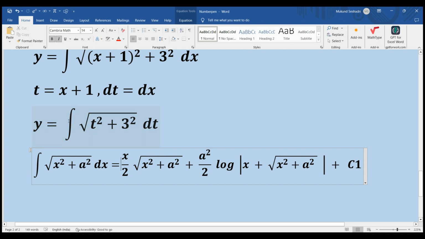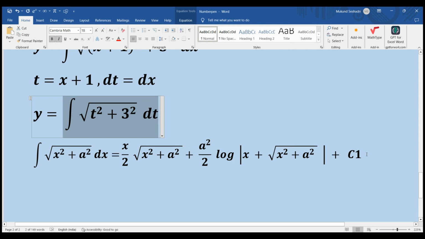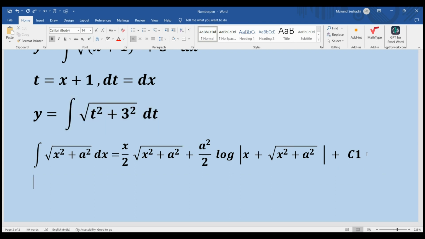And if you want to solve it by the method of substitution and then integral by parts, I request you to take a look at my video for integral of square root of x square plus a square times dx. I'll also be giving a link to this particular video in the description and please take a look at it. So right now I'm going to directly apply the identity out here.